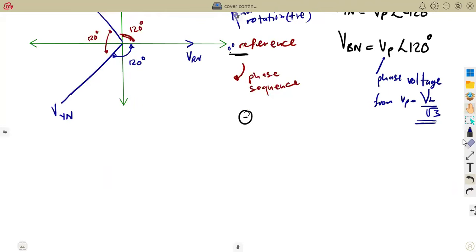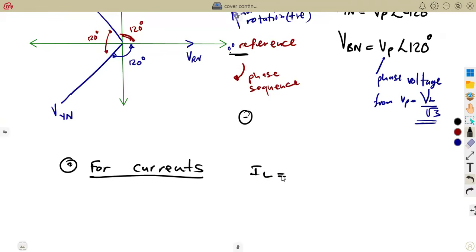Then you move on to the currents. Another part that you need is the calculations for the currents. So let me just quickly list these formulas that we need for the calculations. Remember, already I listed that in a star connection, the line current is equal to the phase current. So this one, guys, it's direct.